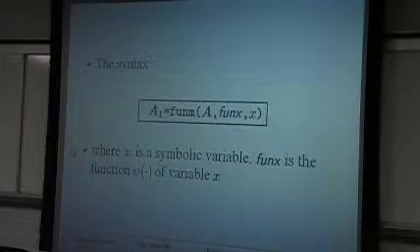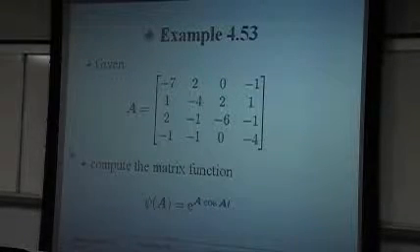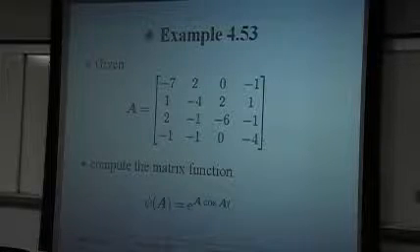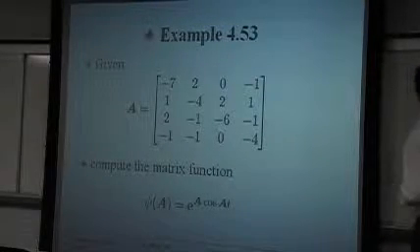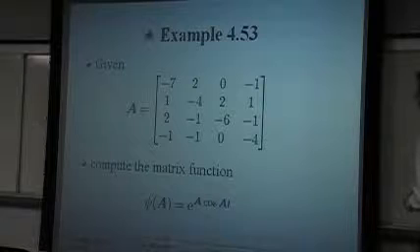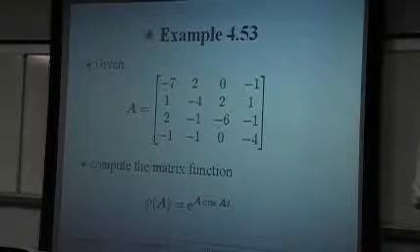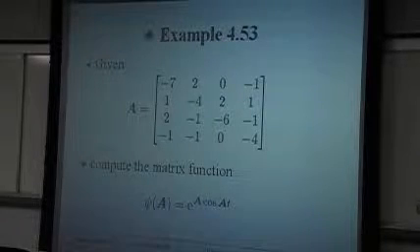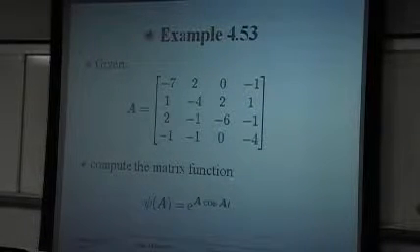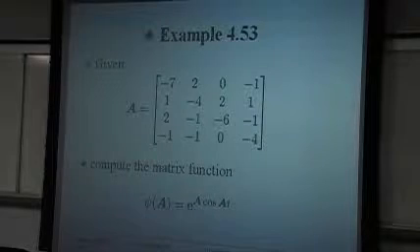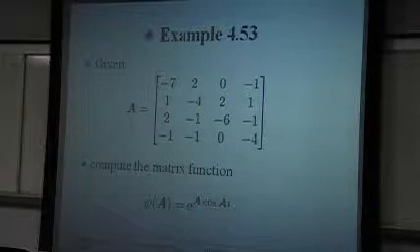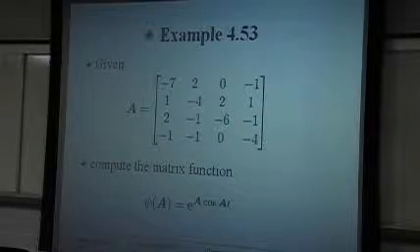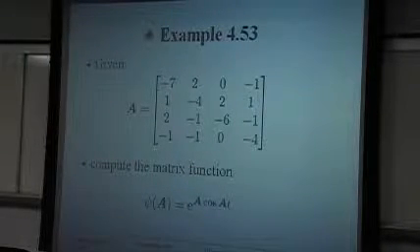Let's write down the composite function. The function I want to evaluate is something like this, cosine AT. And in Matlab, we can express this one as exp(x) replacing A by x, times cosine of x times t.